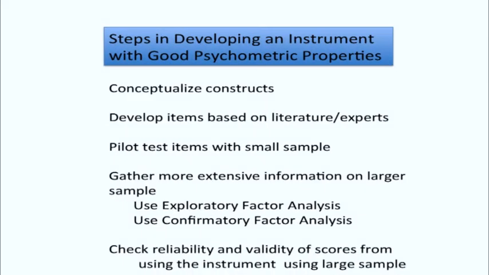But these might be some typical examples: conceptualizing the constructs, developing items based on the literature and the experts, pilot testing them, gathering more extensive information on a larger sample and looking at exploratory factor analysis, confirmatory factor analysis, and then administering it to a larger sample yet where you check for reliability and validity. So the steps involved in putting together a good psychometric instrument that would have good scores for validity and reliability is a very rigorous, time-consuming process.